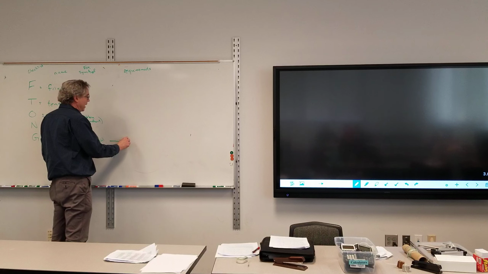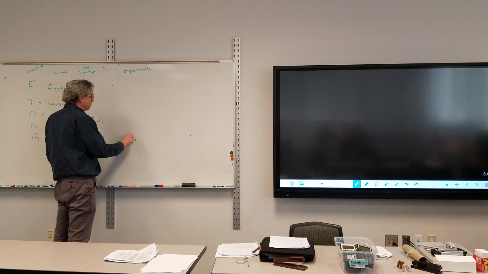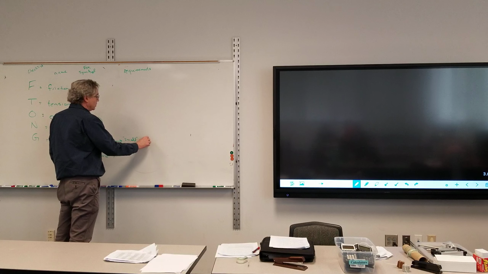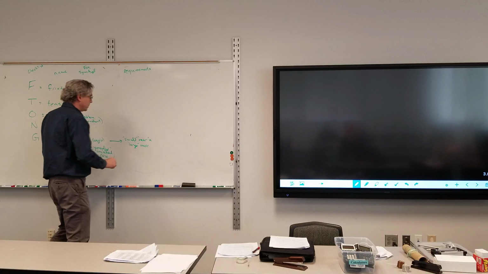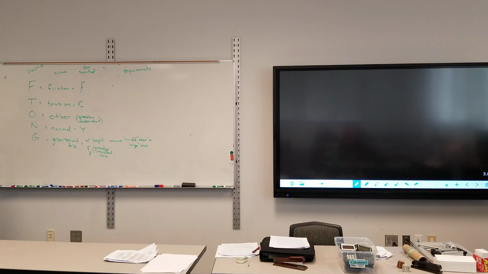So we need a small mass, with small in quotation marks, near, also in quotation marks, a large mass. A large mass in this situation is a planet or a moon or a star. An elephant would be considered a small mass.